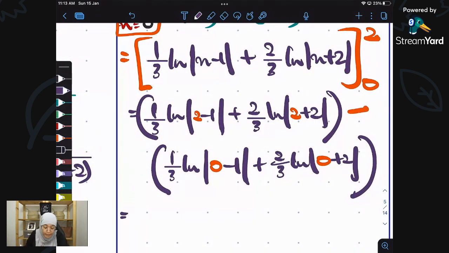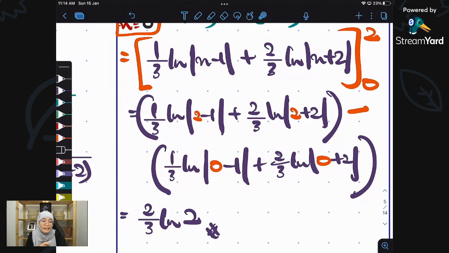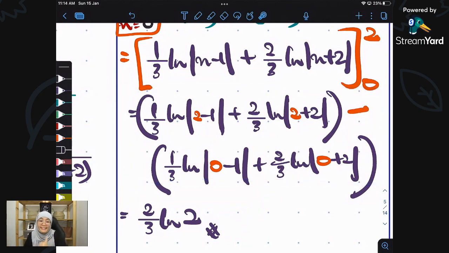And so the answer is just 2/3 ln 2. So you just take your time and find this answer. Please do this by yourself. Don't just look out for my answers. So please also check whether I'm doing it correctly or not. Please calculate this as usual. Okay, thank you very much.